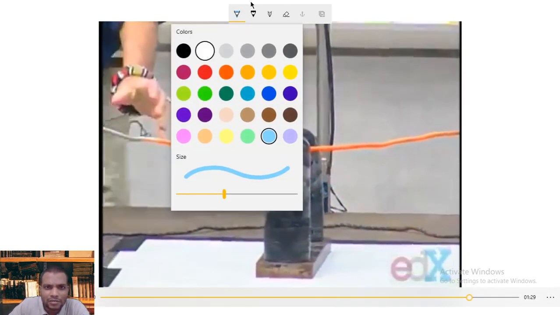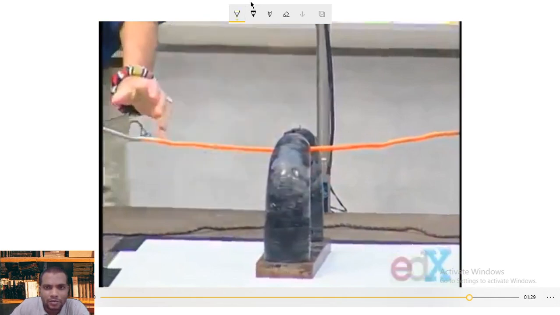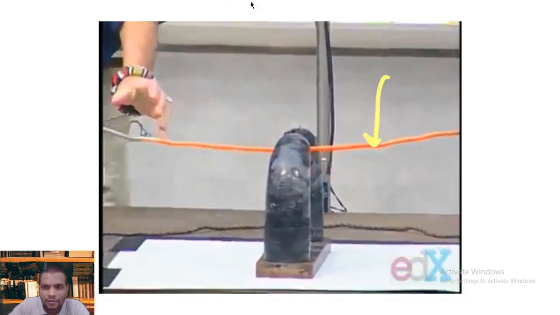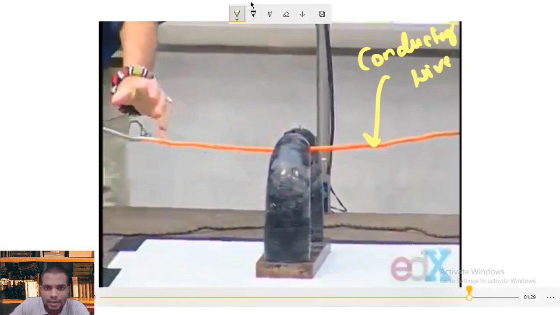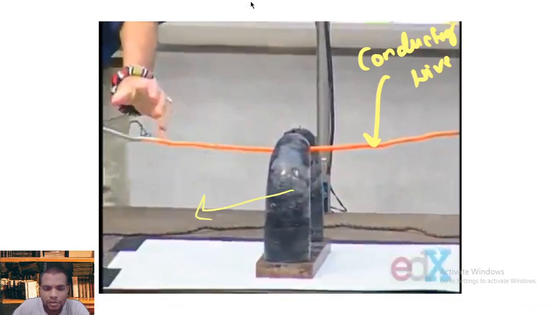Right now no current is applied. This is the conducting wire, which is kept in a magnetic field, and this is the natural magnet.